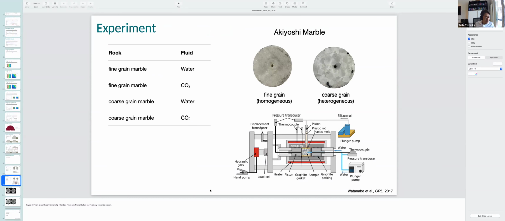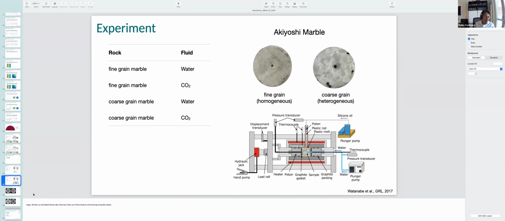Well, I think this complex structure with CO2 injection or low viscosity fluid injection is not new. It has been observed by many people in many experiments.